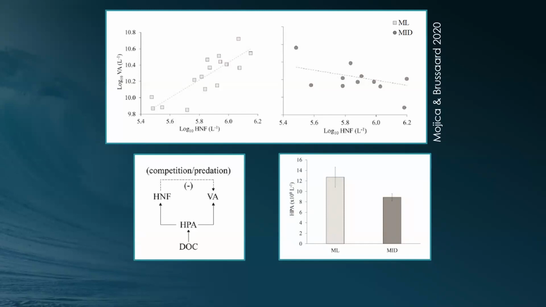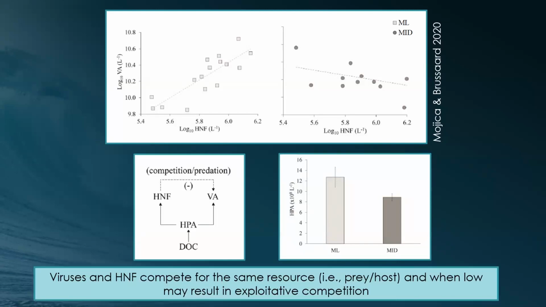And they can also eat virally infected prey. So they could actually reduce the production rate because they're eating hosts that are already previously infected. Yeah, so they could compete for the same resource. So you might have some exploitative competition going on when hosts are low.